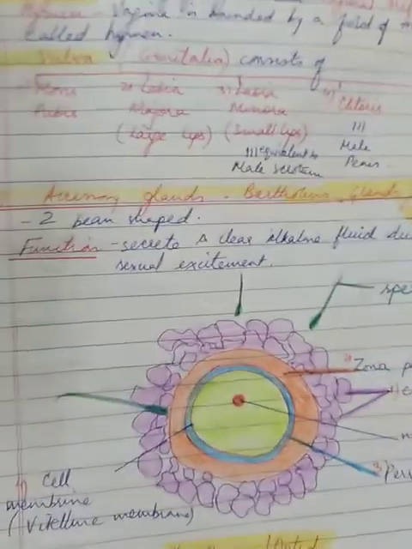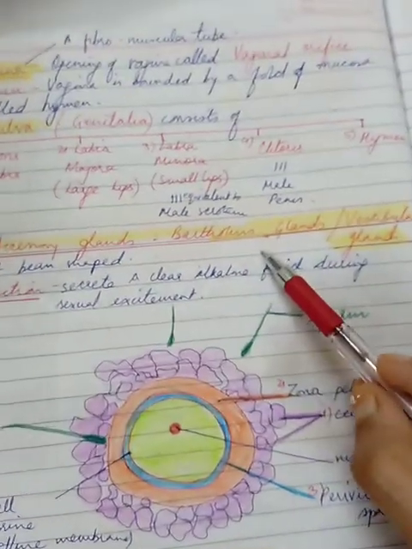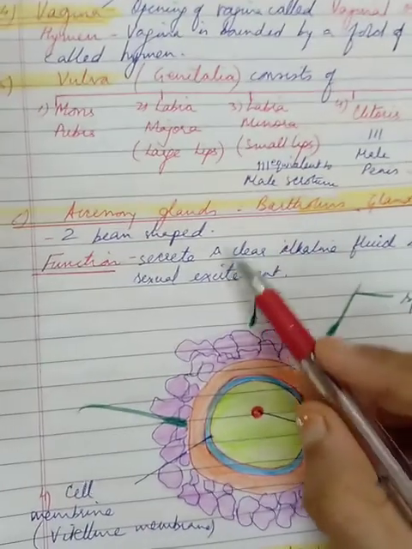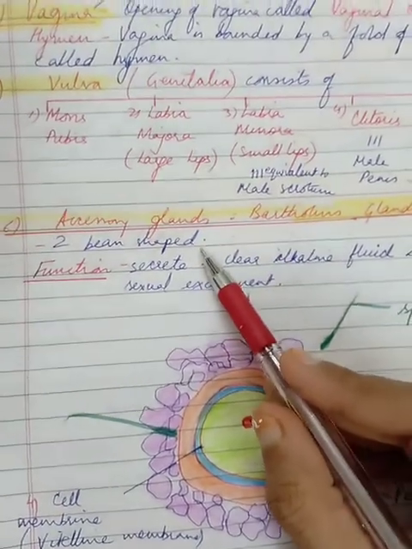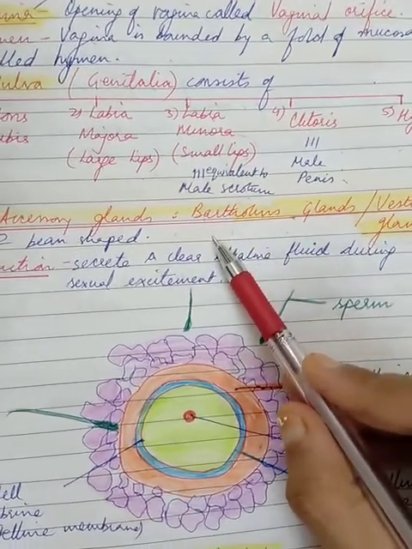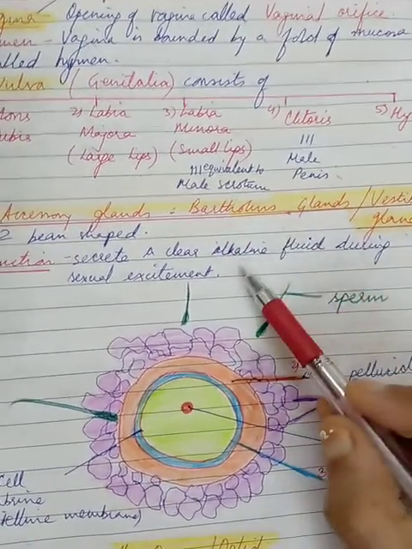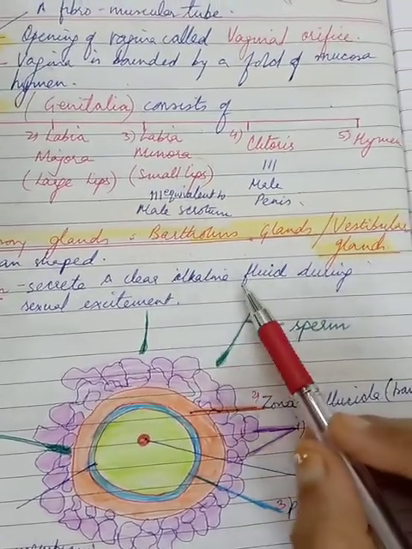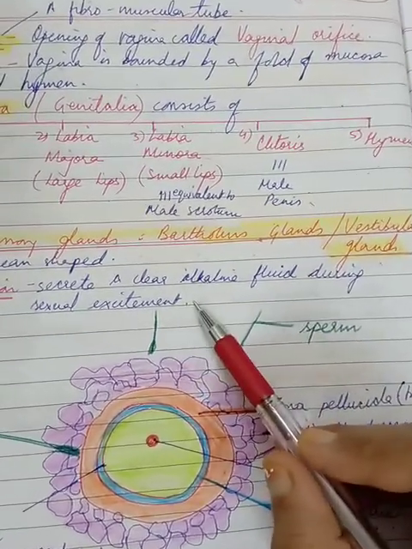Coming to the accessory glands, first is Bartholin's gland or vestibular glands. These glands are bean shaped, right? They are two in number, bean shaped, and on either side of the vaginal opening or the orifice, they secrete an alkaline fluid. It's a clear alkaline fluid under sexual excitement.